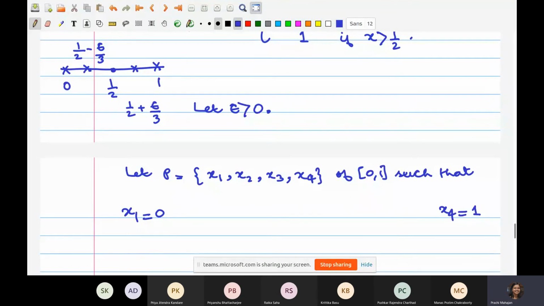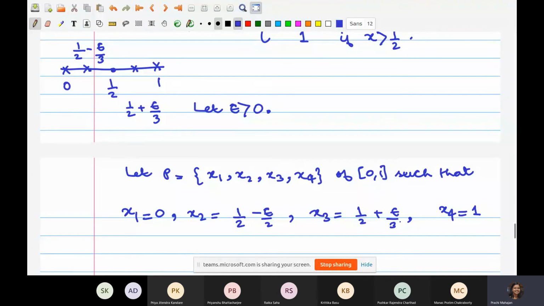This is by the definition of the partition. I say let's consider x2 to be the point 1/2 minus epsilon/3, and x3 to be the point 1/2 plus epsilon/3. So I am constructing a partition containing a very small subinterval around the point of discontinuity.